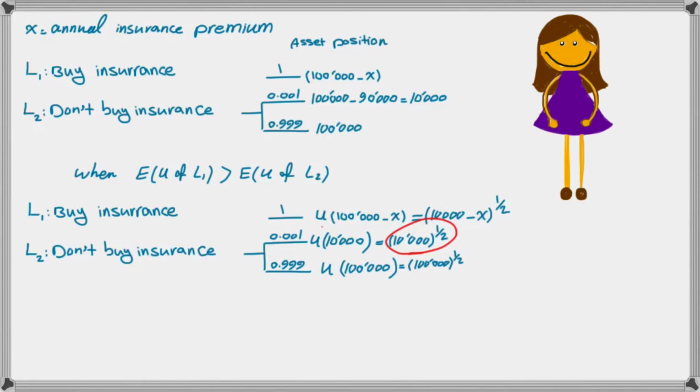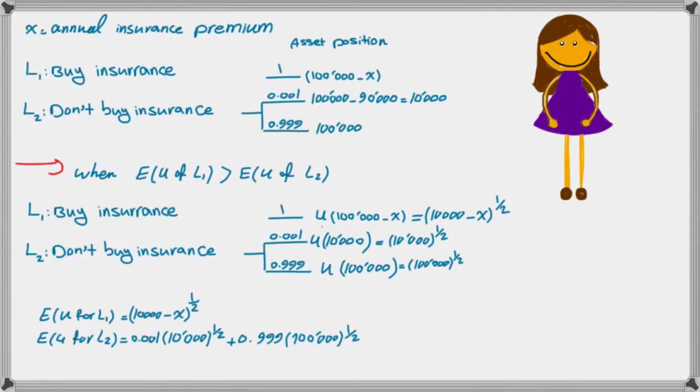In the first lottery, because we only have one outcome, the expected utility is simply this value here. So the expected utility for the first lottery is this amount, and for the second lottery is this amount. Now, if I want to end up buying the insurance, this expected utility must be greater than this one.